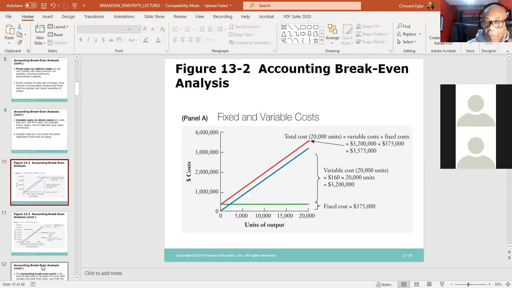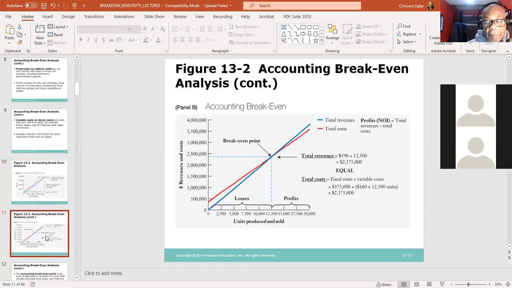So let's say we have a unit variable cost that is the same no matter how much you produce, but sometimes the unit variable cost can be complex. As you can see here, if you look at the red line, you have a fixed cost that begins at some point, and I'm going to try to do an illustration using Excel.